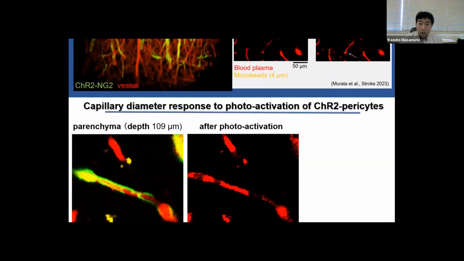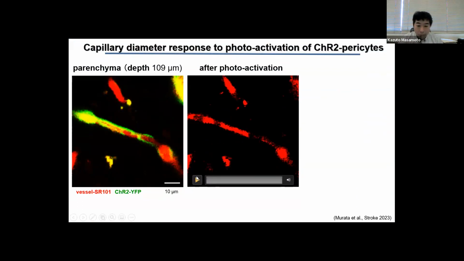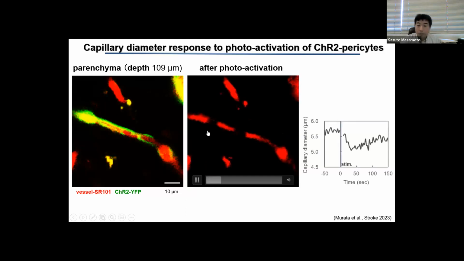So to understand more finely, we used 2-photon microscopy here. The pericytes express channelrhodopsin, and we stimulated with blue light. The black dots indicate the individual cells, and activating the pericyte stops the red blood cell flow.